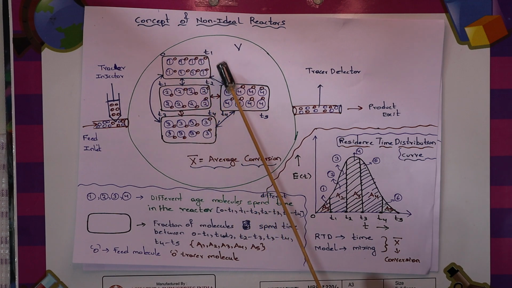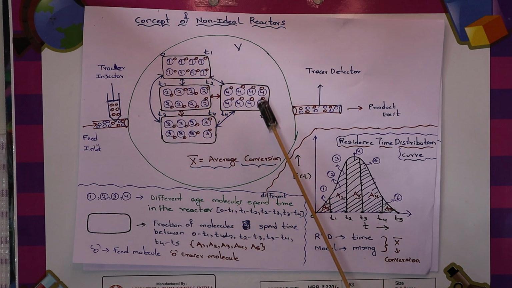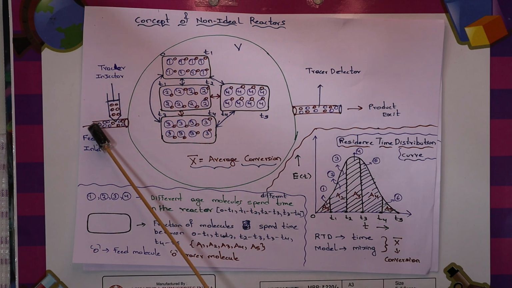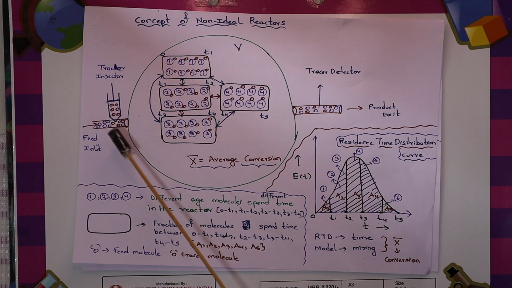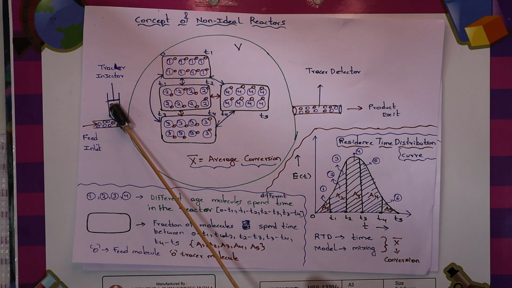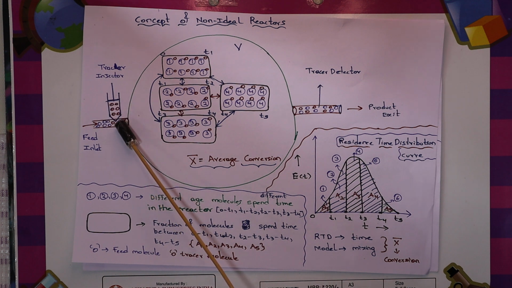To find the information about the time different molecules spend in the reactor, along with the regular molecules we inject some amount of tracer molecules. These tracer molecules will mix along with the reactants and go into the reactor. The tracer will not react with any other molecule.